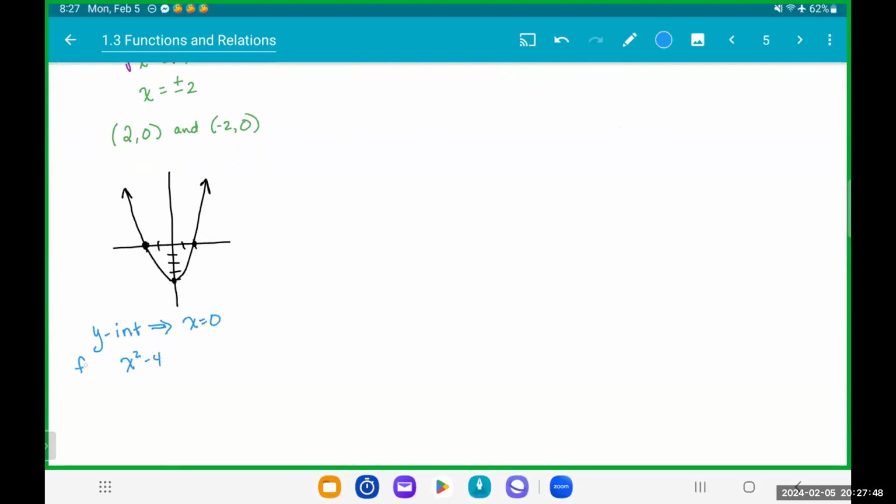And we're going to do this for f of 0. So we're going to let x equal to 0. So that gives me 0 squared minus 4. So that means I am at the point my y equals negative 4 when my x equals 0. So I have an intercept at 0, negative 4, and that's this point right here. And we can go back to the greens for our x-intercept.